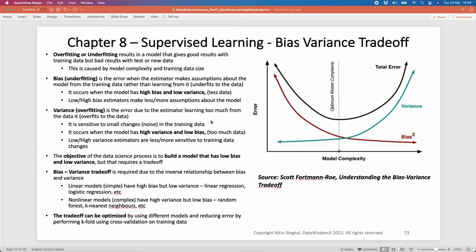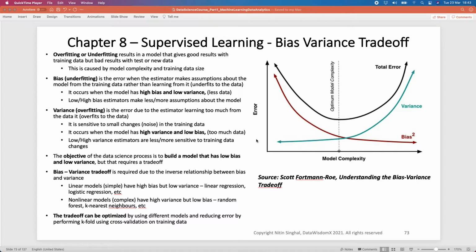And if you now give it a new data set to test against, or a completely new data set to predict values from, it could be very different from the training data. So the output results would be very different and hence the model would fail. This is the case of underfitting, or bias. Underfitting occurs when the model has a high bias and a low variance.